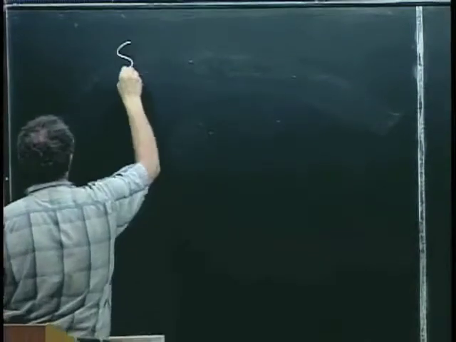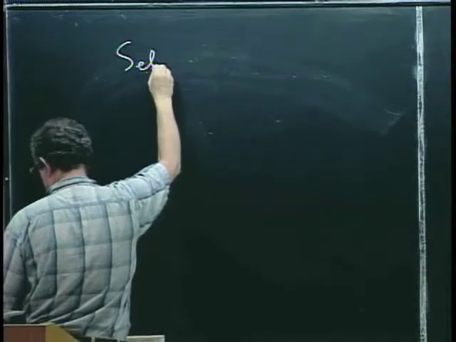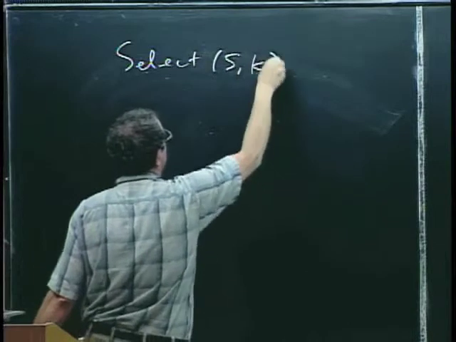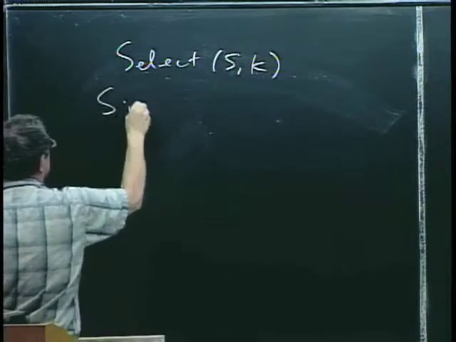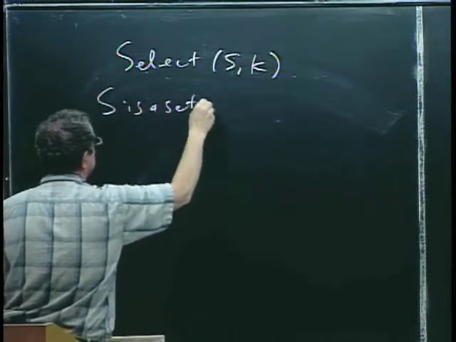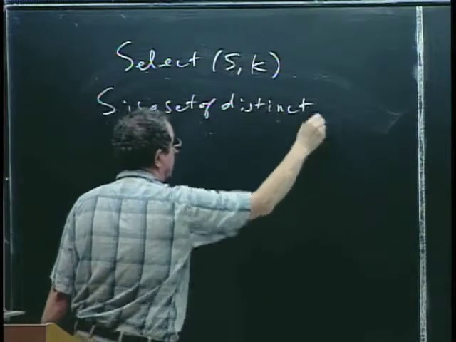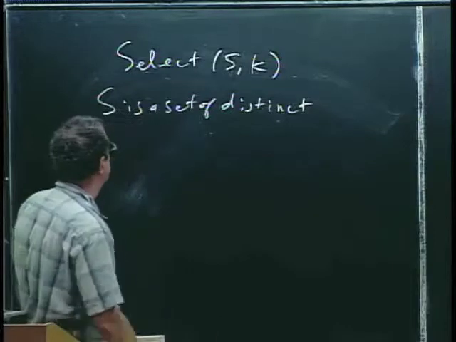So this is going to be a recursive algorithm. Select(S, k), where S is a set of numbers. And just for convenience, we'll say that they're distinct. There are no ties.